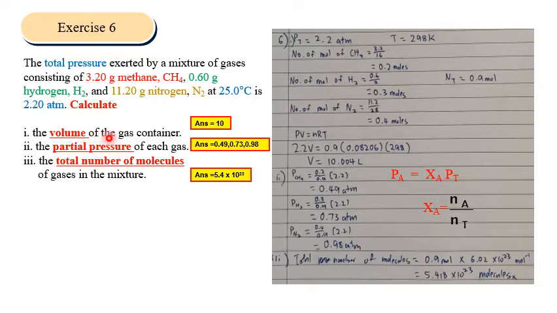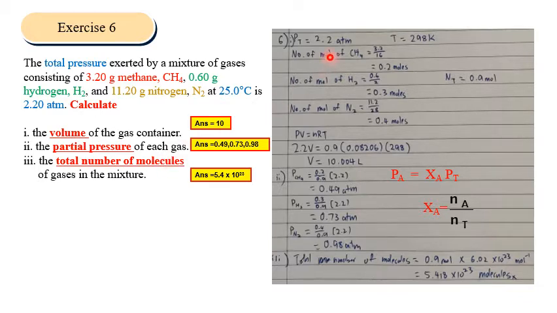Volume of the gas container: we need to apply PV equal to nRT. Partial pressure, since we know the P total, here mostly we are using the mole fraction, XA. And then total number of molecules, for this one you need to multiply by Avogadro's number.